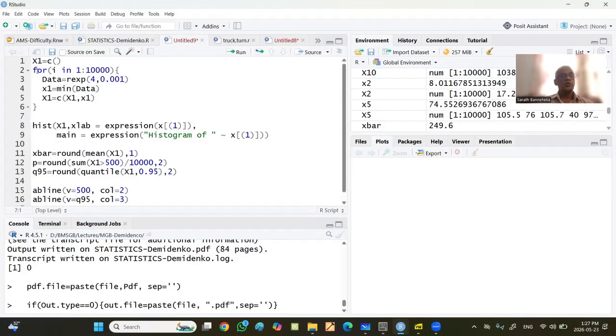So here I start a loop for i in 1 to 10,000. What I'm going to do is first generate data. Data is going to be rexp, random numbers from the exponential distribution. How many? 4 numbers I need with the rate equal to 0.001. Mean equal to 1000 means lambda equal to 1 out of 1000, that is 0.001.